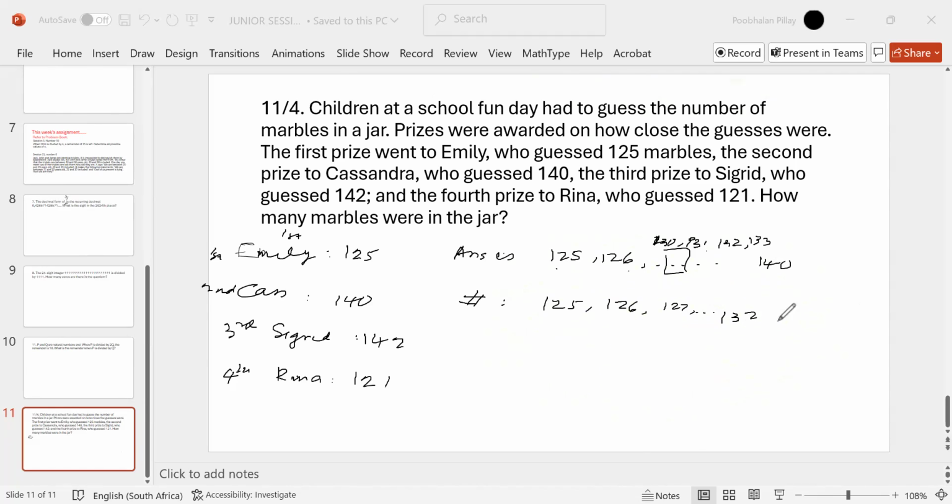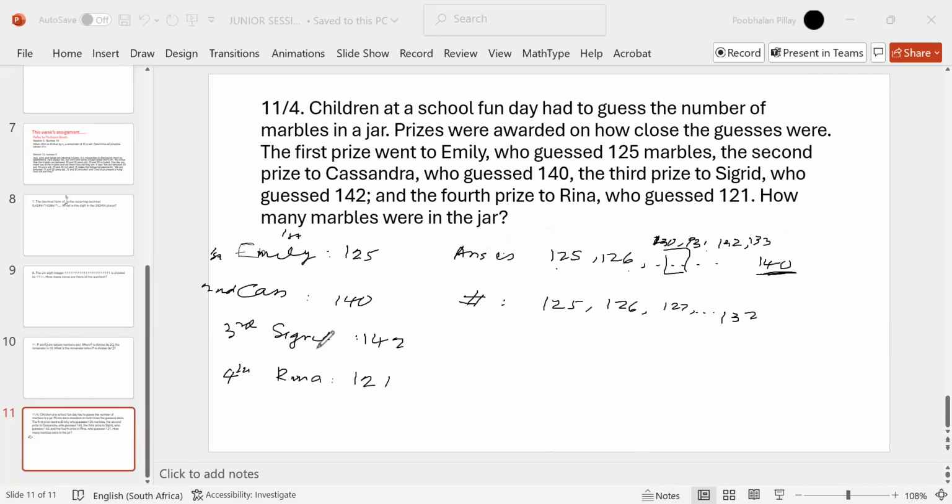So her choice was 140. Okay. So she is further away from the actual answer than Cassandra. So the number is one of these, because you notice that the distance from 140 to every one of these is more than 8. Closest number is 8. Right? So Emily's answer is 125, so she came first. So the number is one of these.